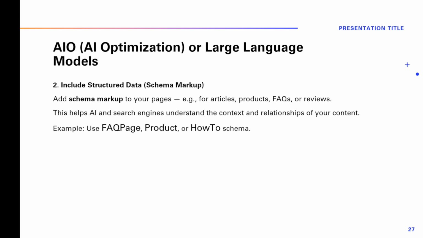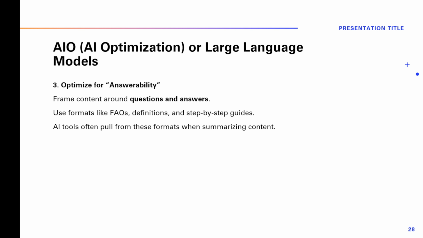You need to create more answerability type of content. These are the type of content that involves FAQs and answering questions, anticipating the questions that your potential audience or customers would ask and answering them in advance. More than ever before, these AI agents are more friendly with this type of content, and they are more likely to pull data from your website if you create it.